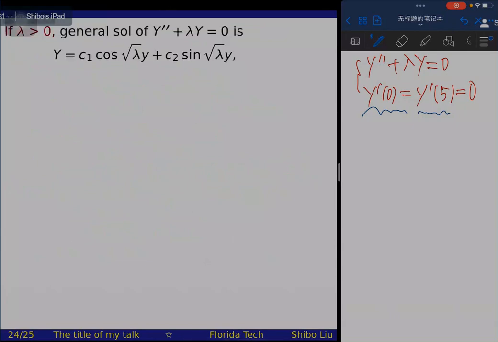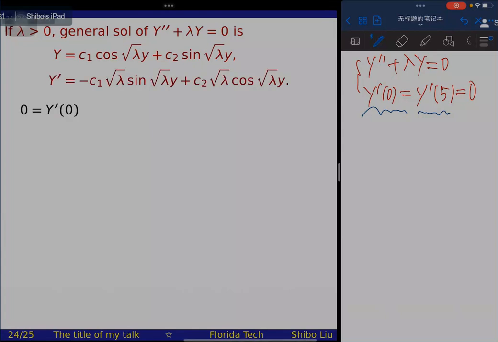Okay. Next, we consider the case that lambda is positive. When lambda is positive, the general solution of the ODE for Y is a linear combination of a sine and a cosine. And we also need to compute the derivative of Y, that is Y prime. It is also a linear combination of sine and cosine, given here.